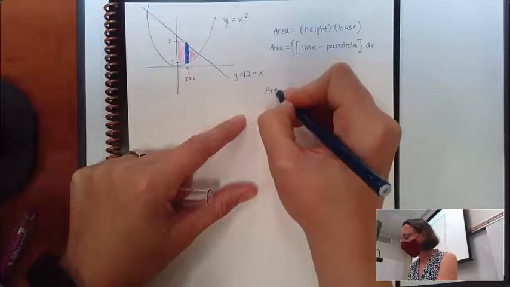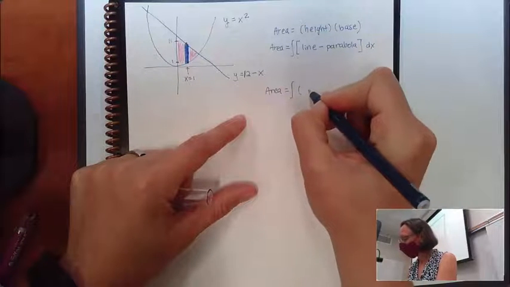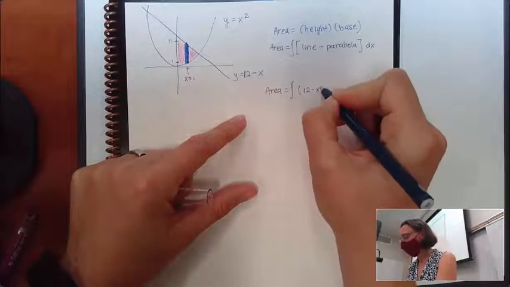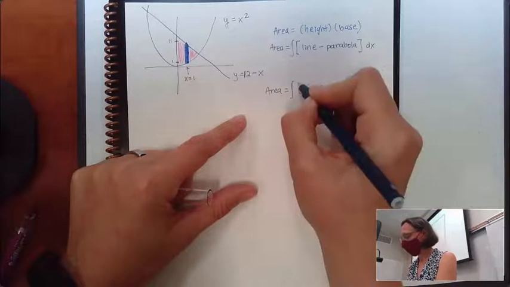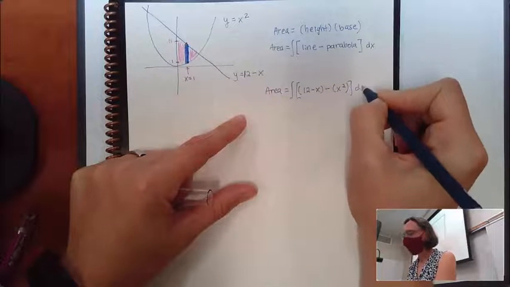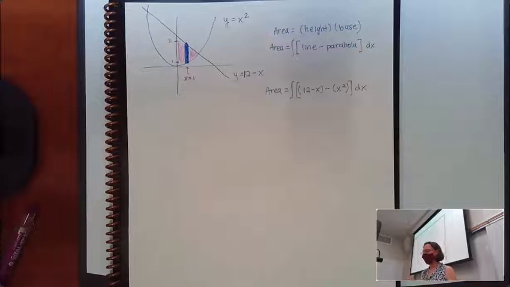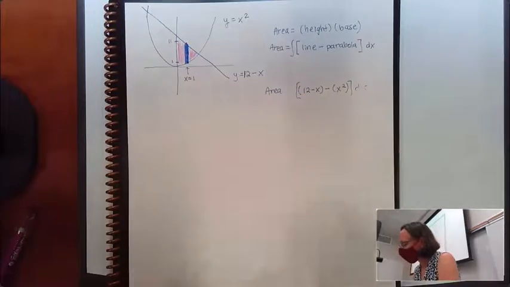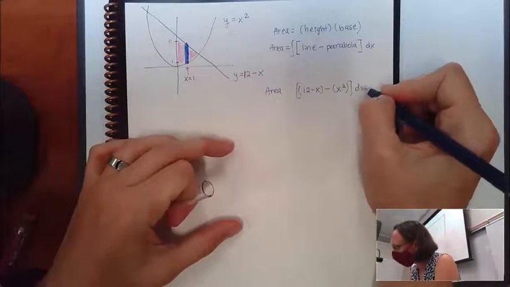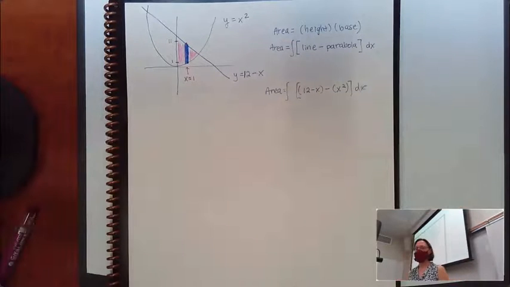So I'm going to get my area by doing the integral of my line equation minus my parabola equation dx. But if we actually want to get the area, this has to be a definite integral, which means I need limits of integration. I need some numbers here.